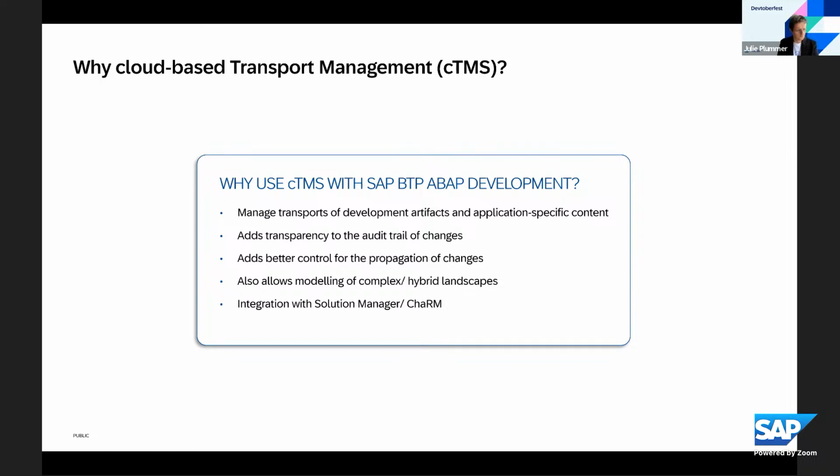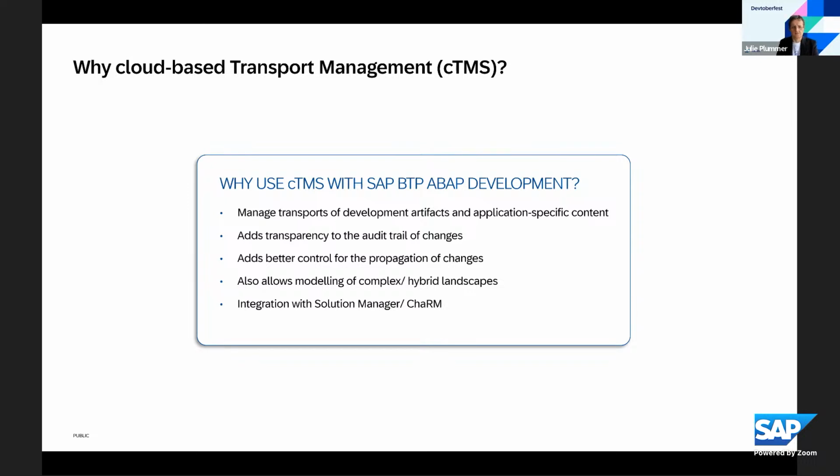It allows you to manage your transports of any of your Steampunk development artifacts and also your application-specific content. It adds a standardized process, and it also offers transparency to your audit trail: who developed what, when they developed it, and what sub-account they were in. It takes all this information and stores it in your CTMS log.